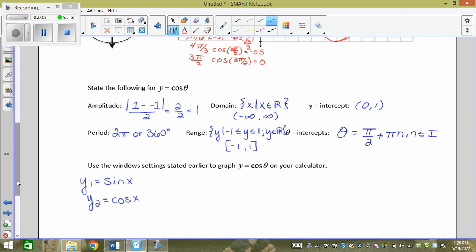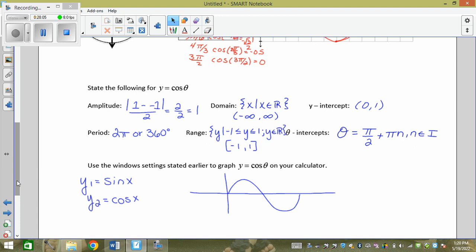So on your calculator, you're going to get something like this for sine.